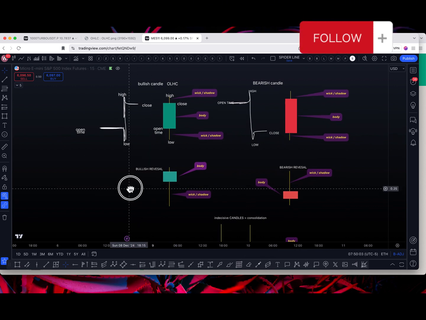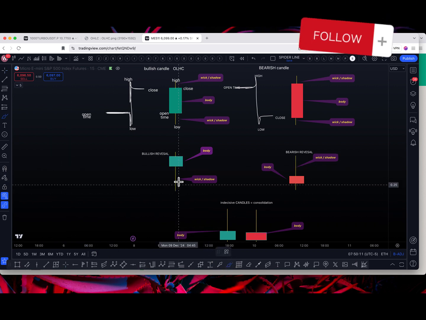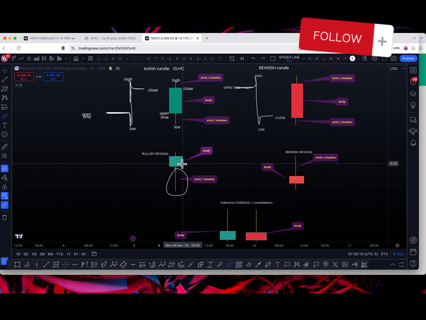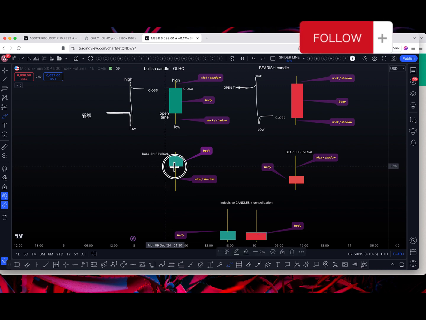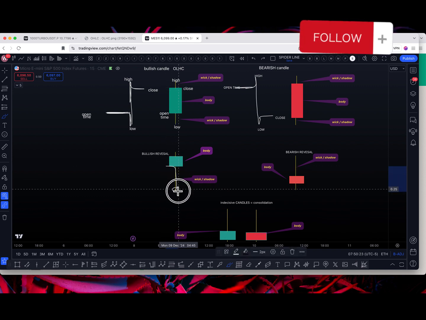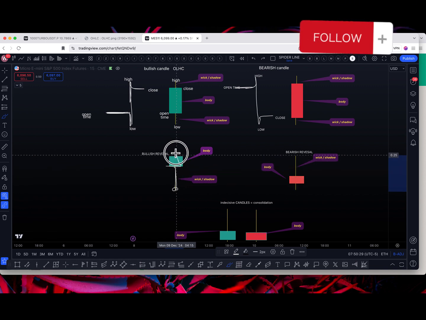Now, a bullish reversal candle is a type of candle that has a large wick with a small body. It indicates that when the market opened here, it went down at the time it was printing, only for it to go back up and close near the high.